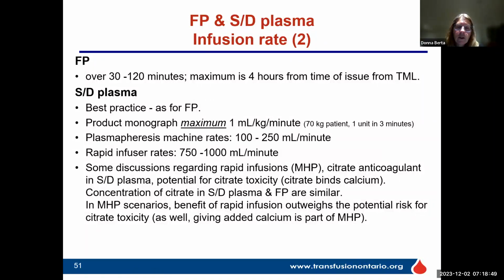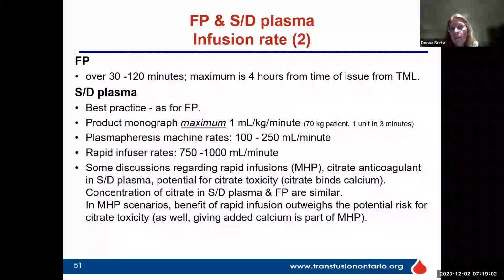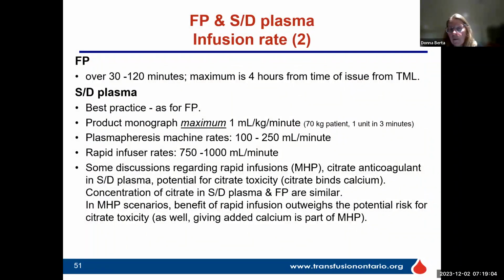The concentration of citrate in SD plasma and FP is similar, so this really isn't a new situation. And NAC has gone on to say that in MHP scenarios, the benefit of the rapid infusion outweighs the risk of citrate toxicity. And MHP protocols, most of them will have giving added calcium as part of the MHP for coagulation reasons.